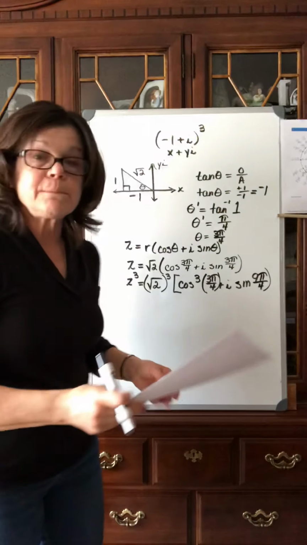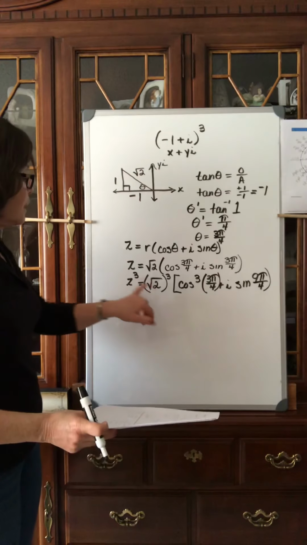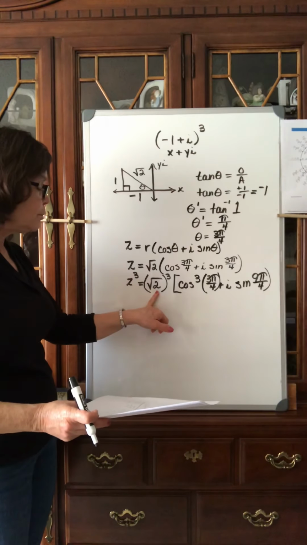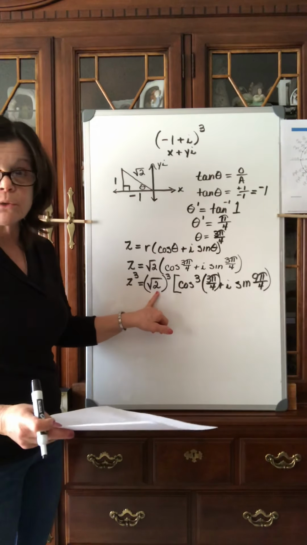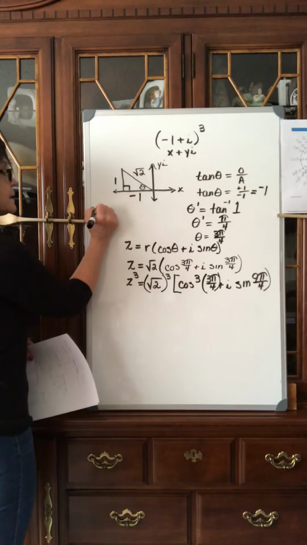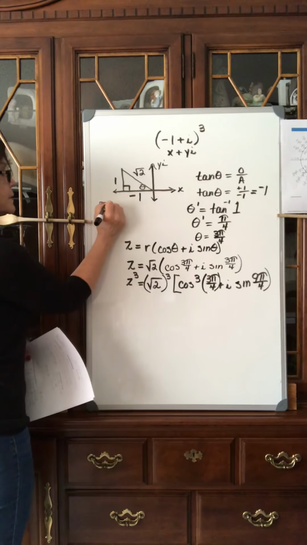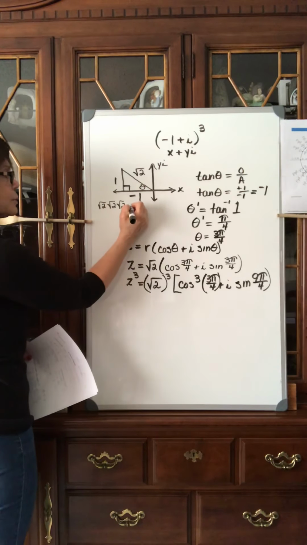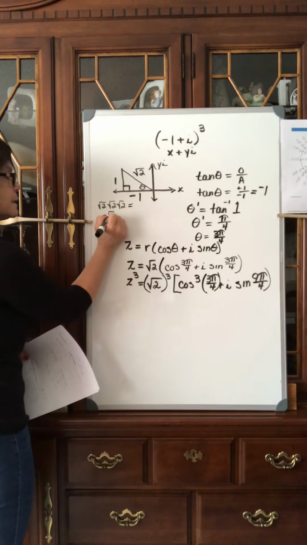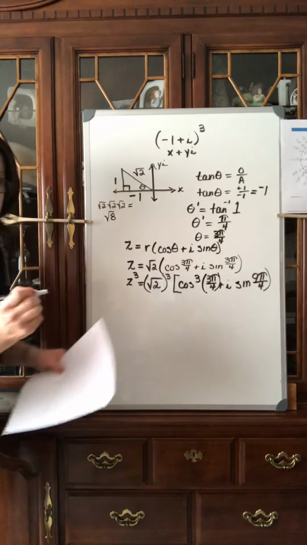Okay, so now there's a couple of things going on here. When you cube the square root of 2, it's the square root of 2 times the square root of 2 times the square root of 2. You multiply what's underneath the radical sign, so that's going to be the square root of 8.